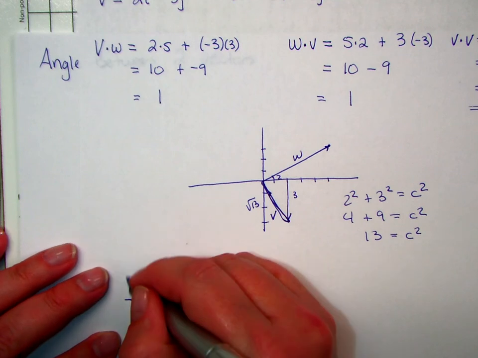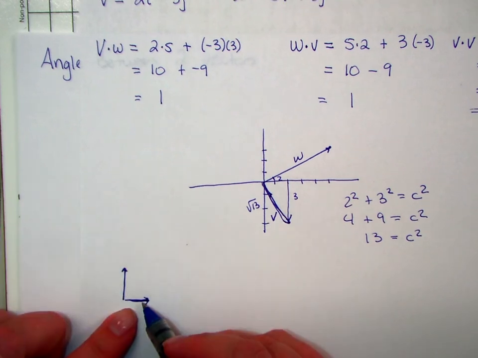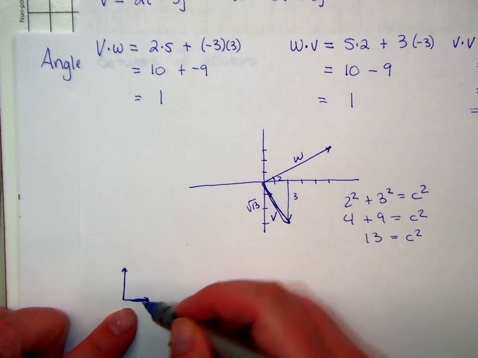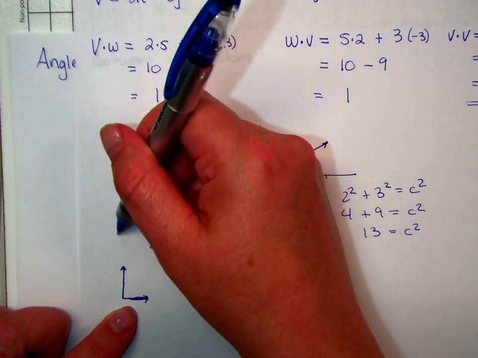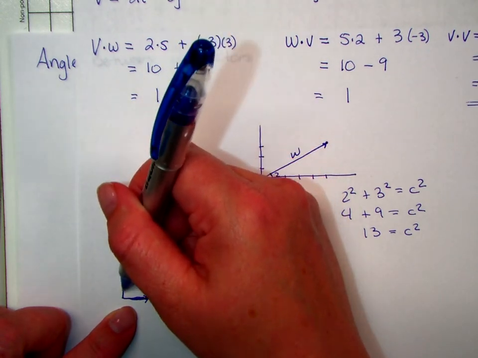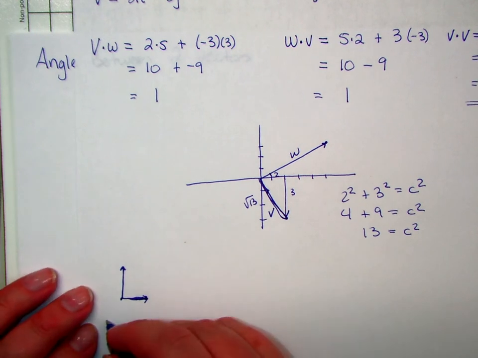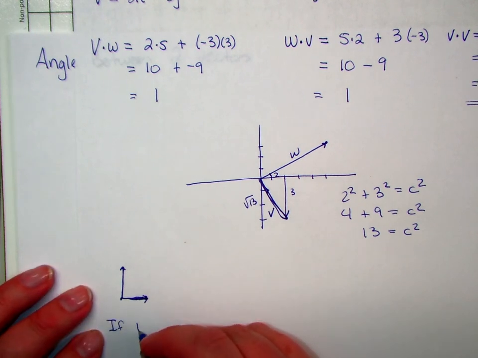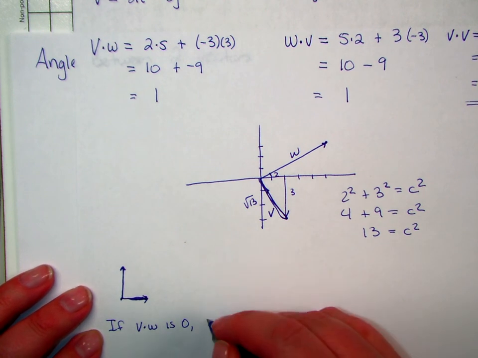Right. So what if I had a vector going straight up and a vector going straight down? Okay, what would happen if I had a light source here and I projected this vertical vector onto the horizontal? They would have 0 distance, right? So if the dot product is 0, then the vectors are perpendicular.